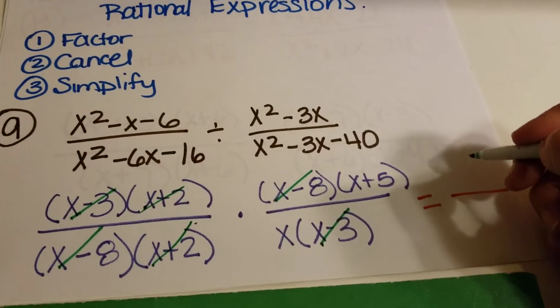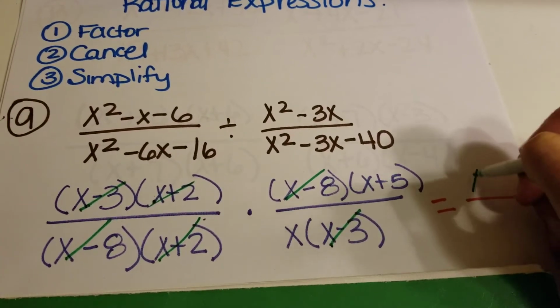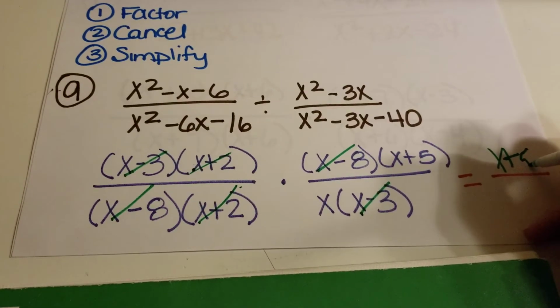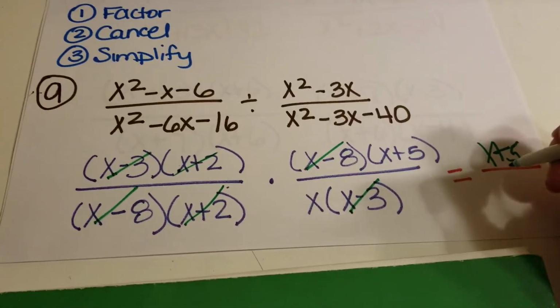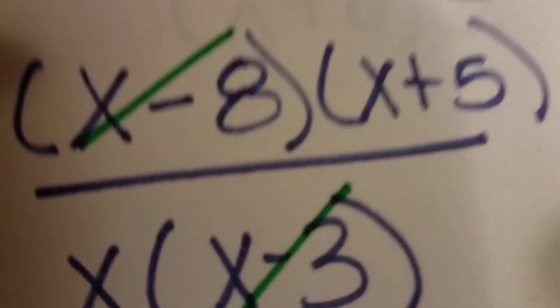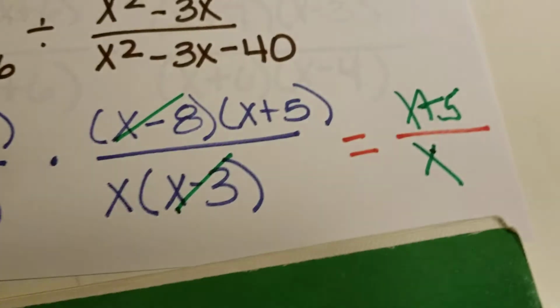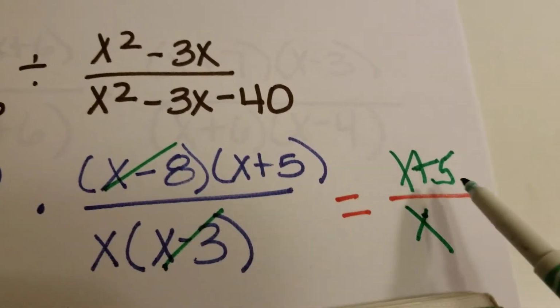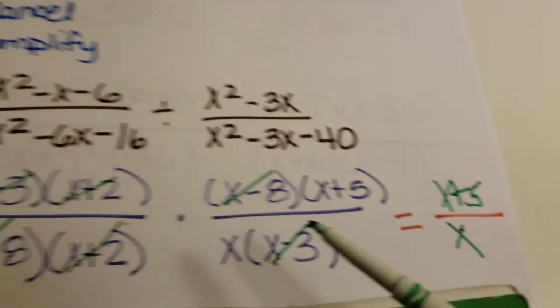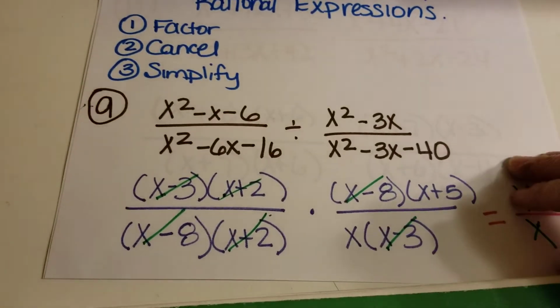So my solution ends up to be x plus 5 over plain old x, and it comes right from here. Sorry, my paper is wiggling. Okay, so that's what we're doing with that.